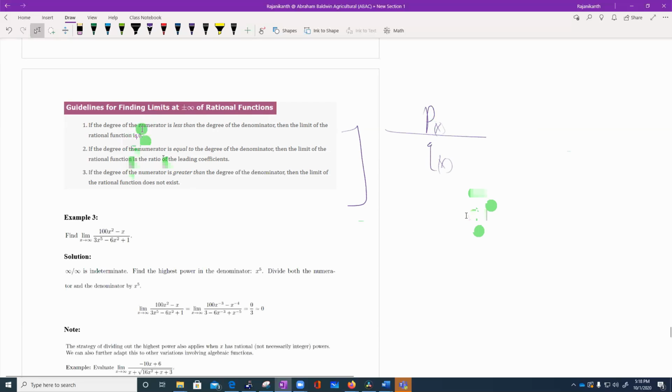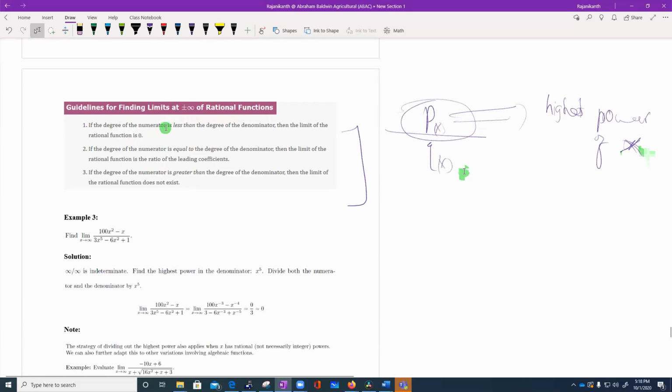The degree of the numerator means the highest power of the variable x. So the highest power of the numerator is called the degree of the numerator, and vice versa for the denominator.